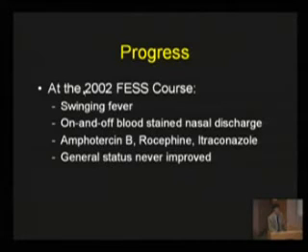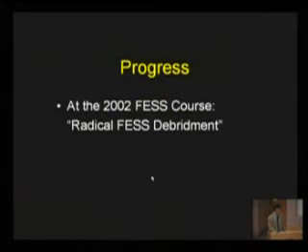Actually, while we were having our first course last year, the patient suddenly kicked up a swinging fever, and he had on and off blood-stained nasal discharge for a few days before our first course, and we were consulted again. At that time, after a lot of discussion, the decision was perhaps radical.